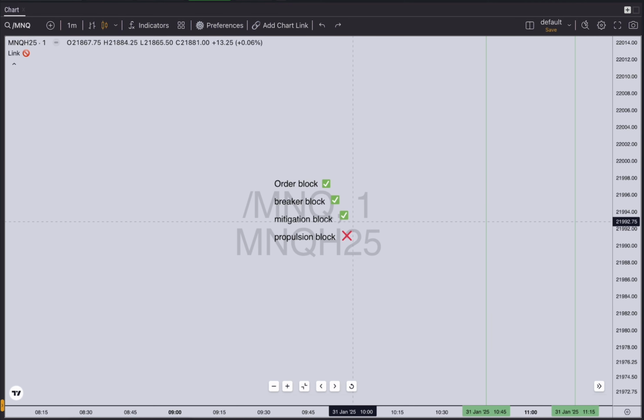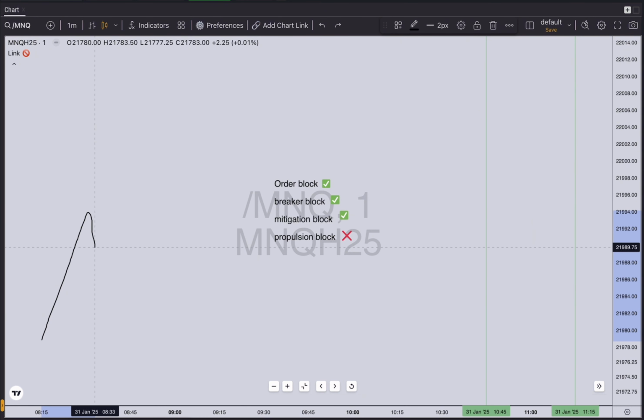So first of all, what is an order block? An order block can be one candle or a series of candles. Let's say, for example, we are in a bullish trend. In bullish trends, we usually have retracements and then a continuation.